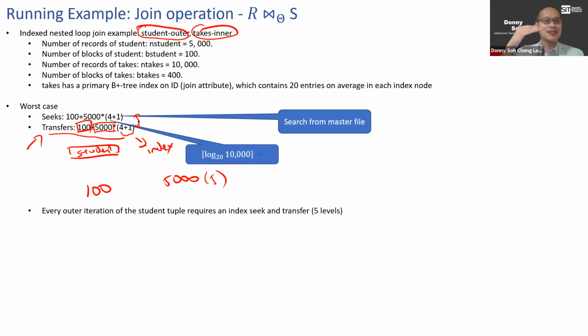So you always need the disk access before the outermost loop, and then for every single tuple, you need to do a disk access at every single level again.